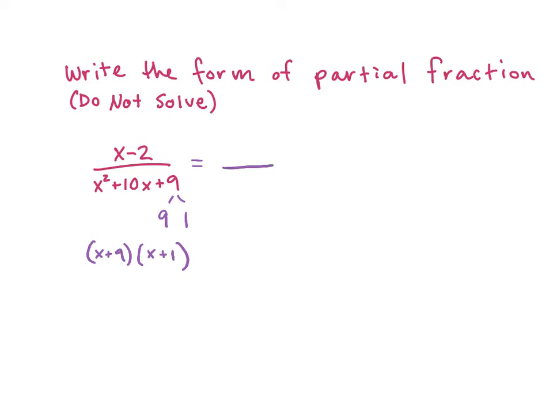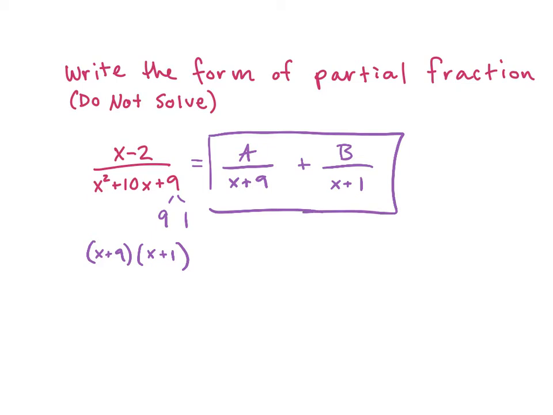So this is going to be equal to, we got to break them up, so x plus 9. We can put a on top plus b over x plus 1. It doesn't matter the order. You could say a over x plus 1 plus b over x plus 9. It doesn't matter. So this is just setting it up. We don't have to solve this one. There's a few questions in WebAssign that just ask you to set it up. So we just have to factor.